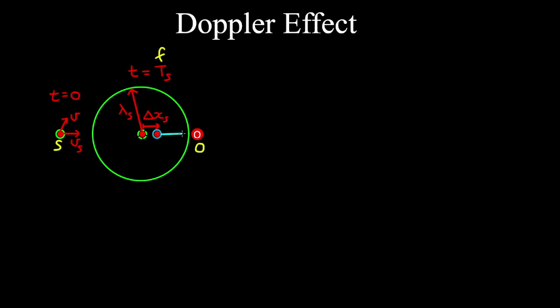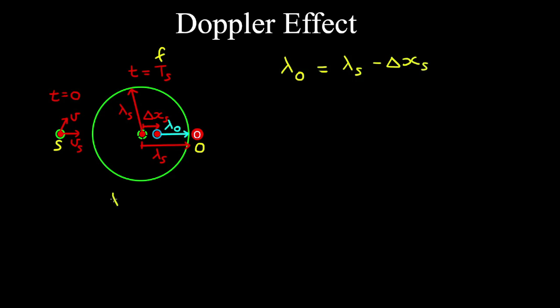So the distance between the wavefronts, which is the wavelength heard by the observer, is lambda O, and treating the source as a particle, we measure the distance between the wavefronts from the center of mass of the particle. So the wavelength heard by the observer is equal to lambda s minus delta xs.